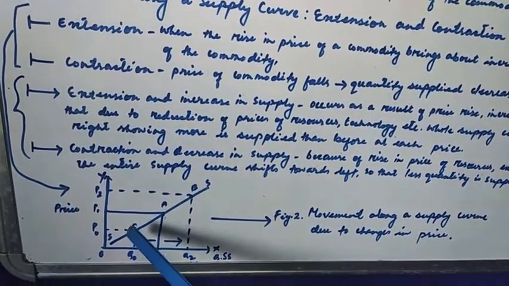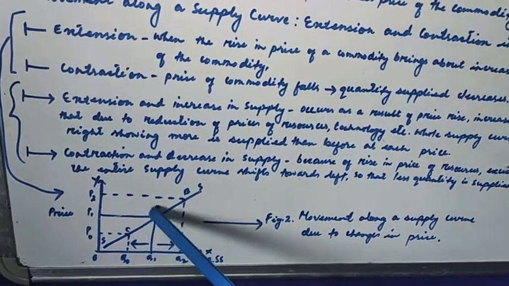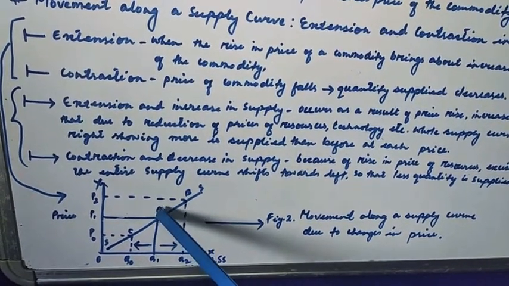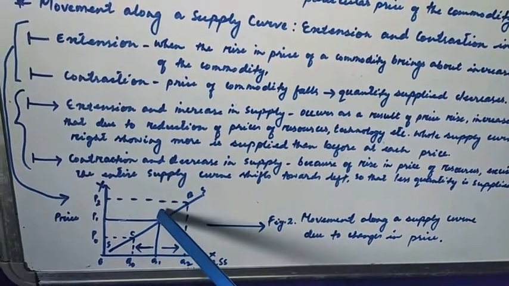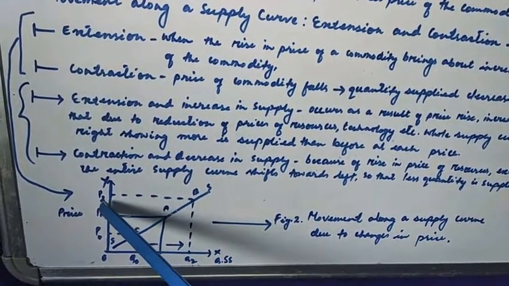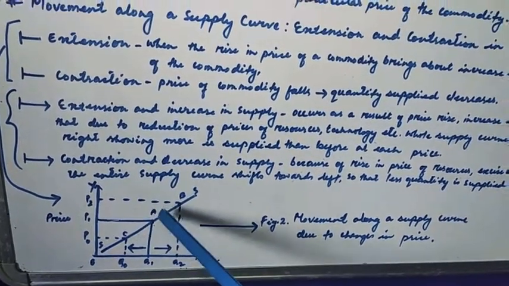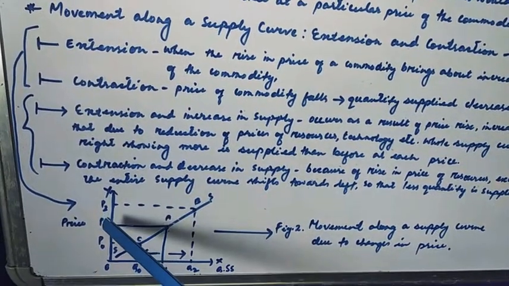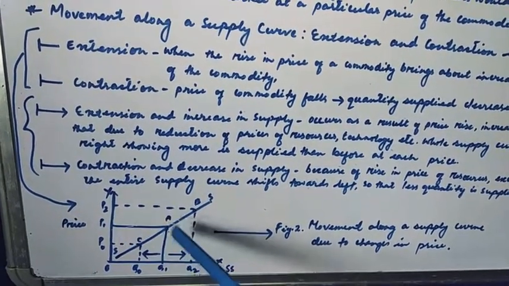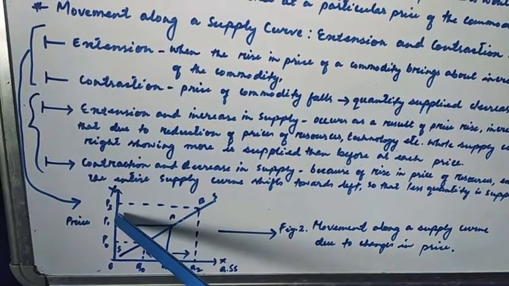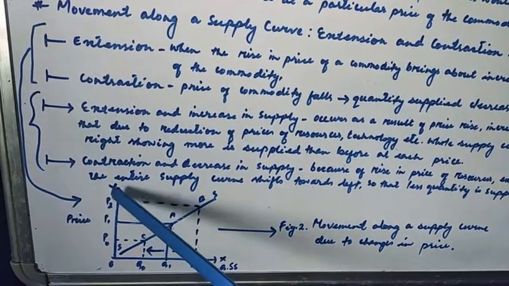Now, before taking this point, let us say this point A is the equilibrium point, the point where the producers will supply at this price P1. That is the original point. After the original point of equilibrium, let us say price has increased from P1 to P2.